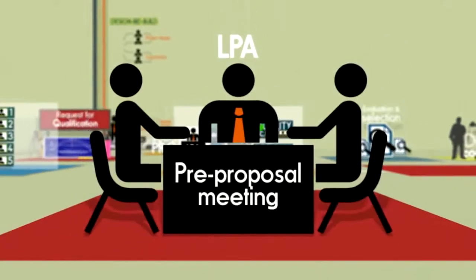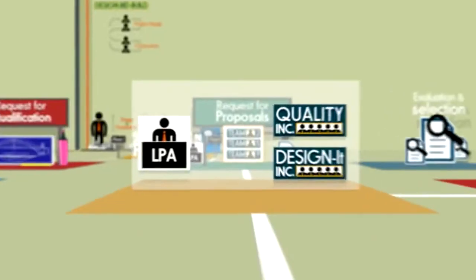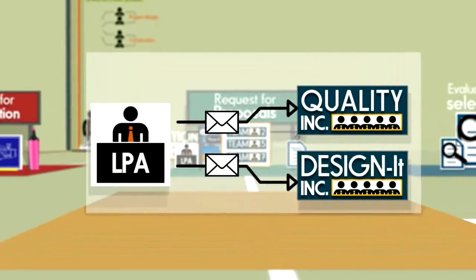The two eligible teams are invited to a pre-proposal meeting to discuss the project and may also conduct a field visit to the project site. Hometown LPA follows the communication rules as established in the RFP when responding to specific questions from either team, and can revise the RFP package as needed to maintain consistency in the proposals.